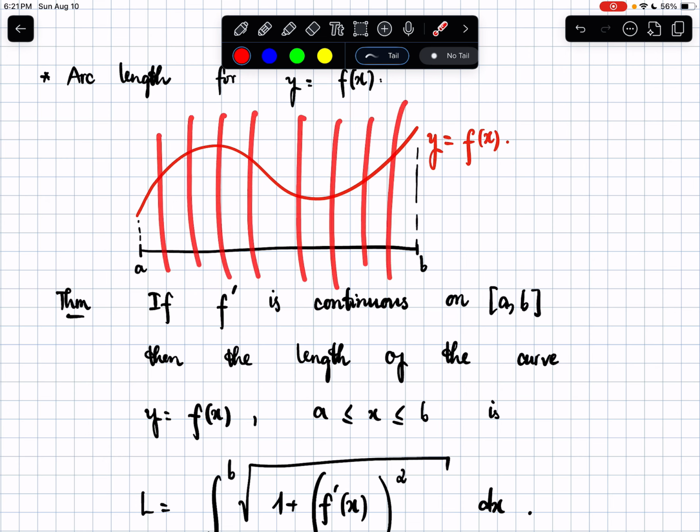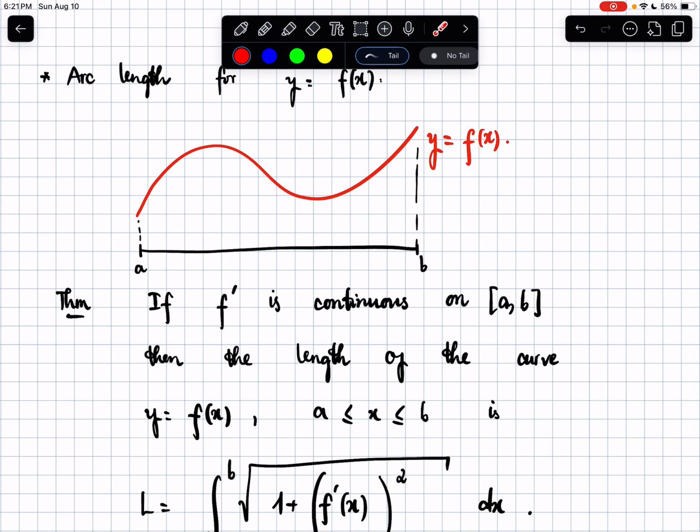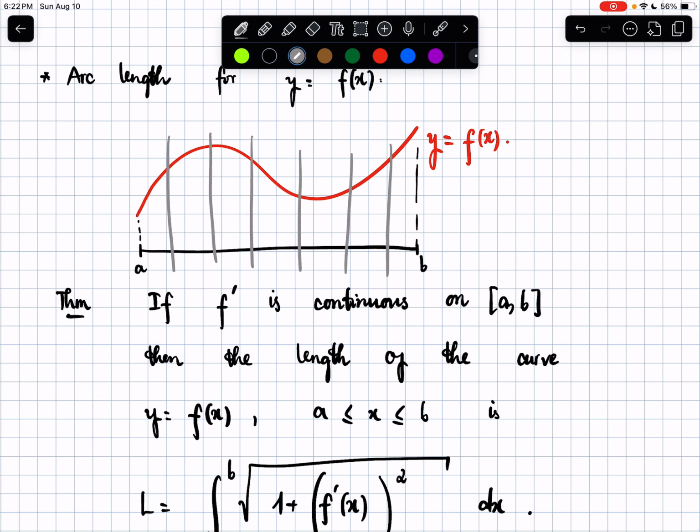So we cut the curve into smaller pieces and we compute the length of each piece. Now let's cut this curve into small pieces like this and look at what happens in one small piece. For example, let's look at this piece here.